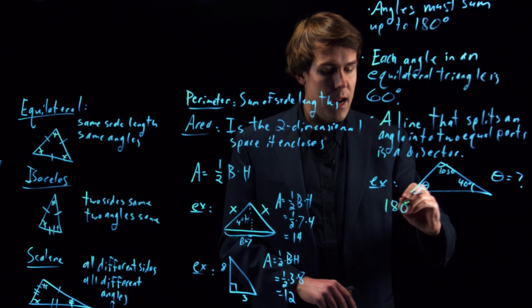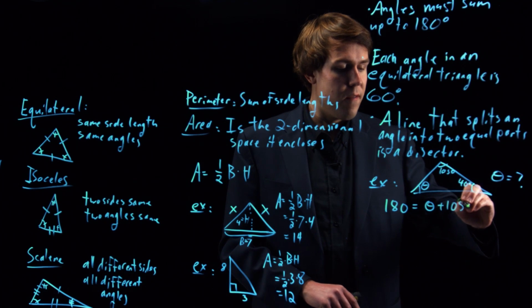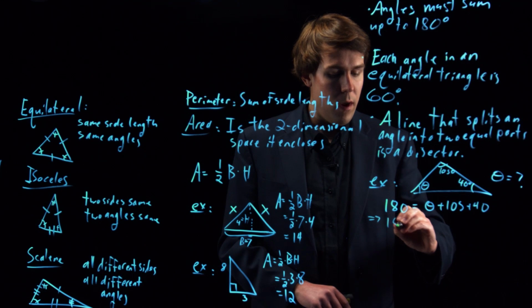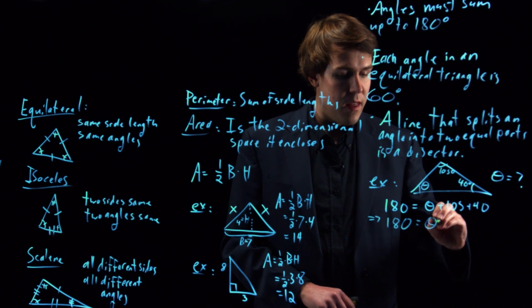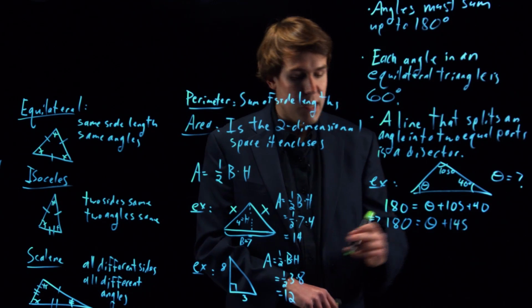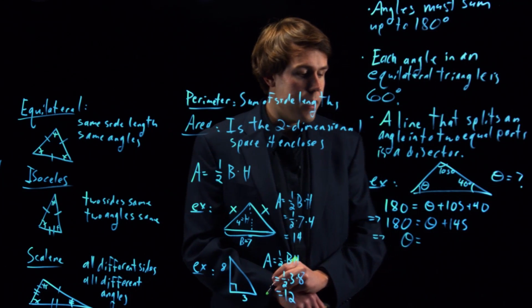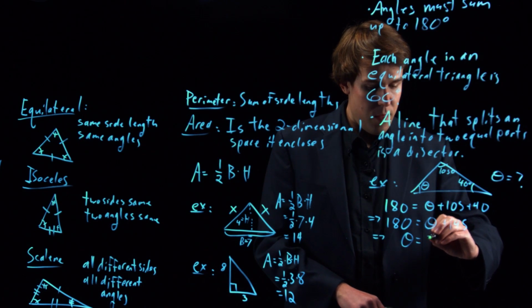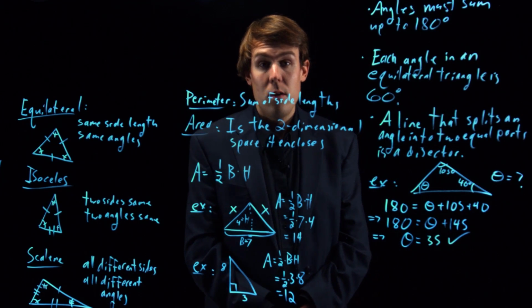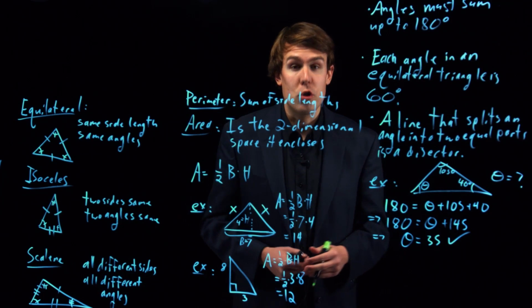So I know 180 is equal to theta, the unknown, plus 105 plus 40. So 180 is equal to theta plus 145. And now I just solve this algebra problem. So theta is equal to 35.